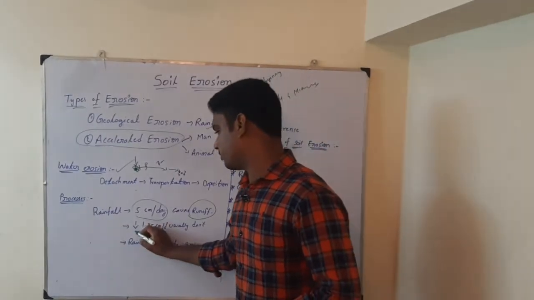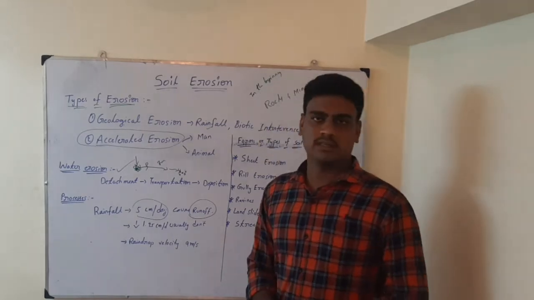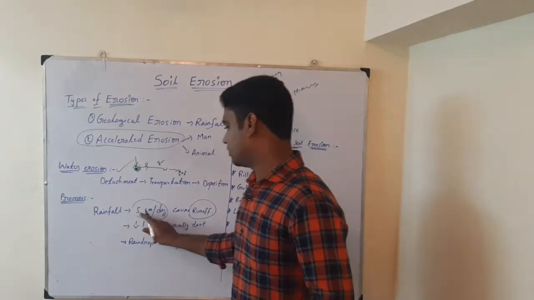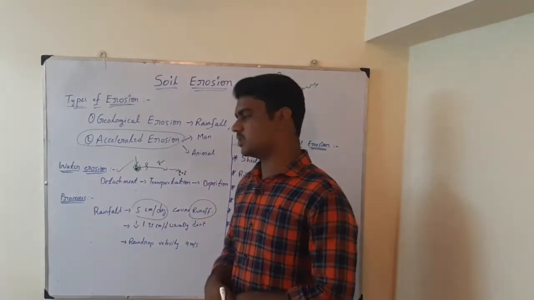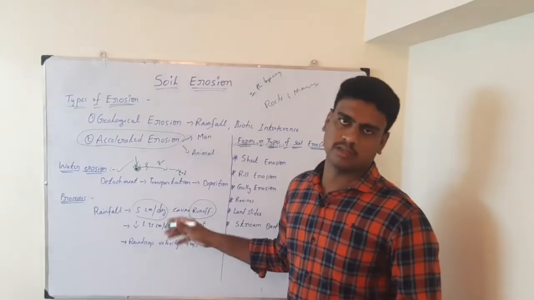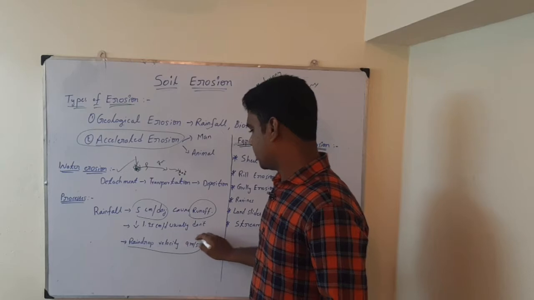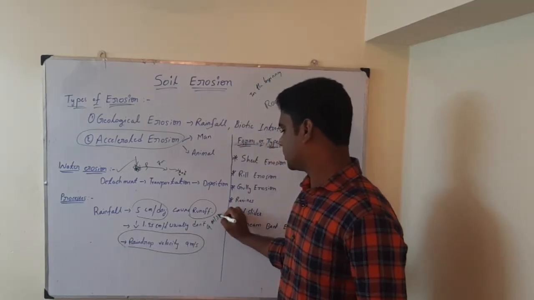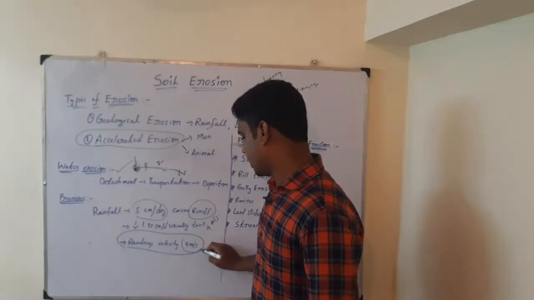If we receive below 1.25 centimeters in a day, usually soil erosion will not happen. So the minimum is 5 centimeters per day. When this rainfall comes, then only water erosion will happen. When a raindrop hits the soil at a speed of 9 meters per second, then only soil particles get detached. This is also one of the important points.